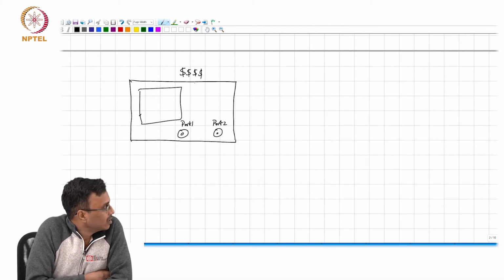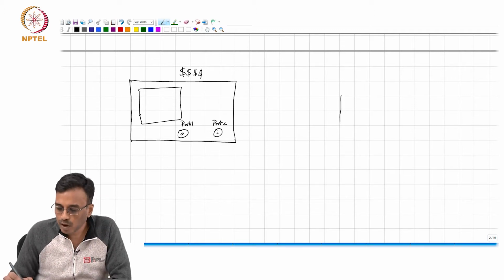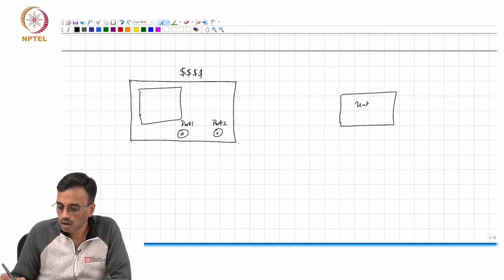Now the idea is that you have an unknown two port, and you would like to measure its S parameters.